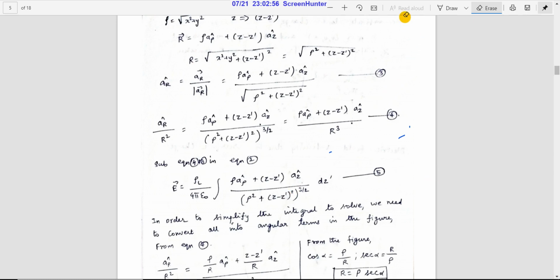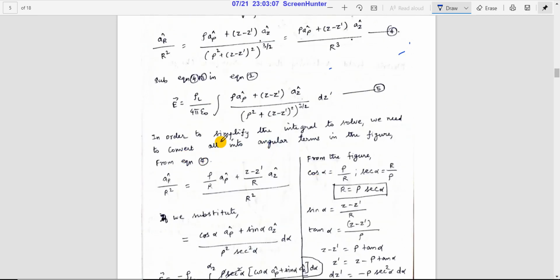So it is multiplying with the 3, it is actually powered with the 3, so we can write this as r cube. Okay, so substituting equations 3 and 4 in equation number 2, we will get this particular equation.